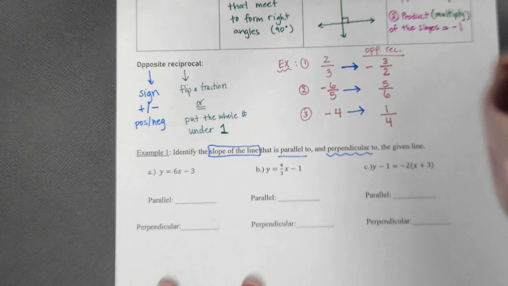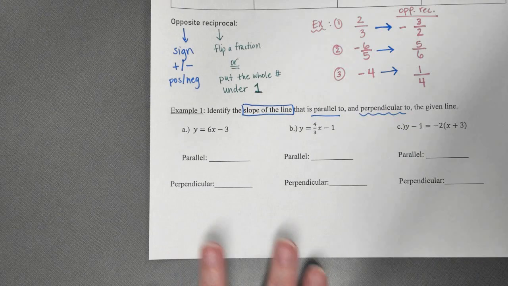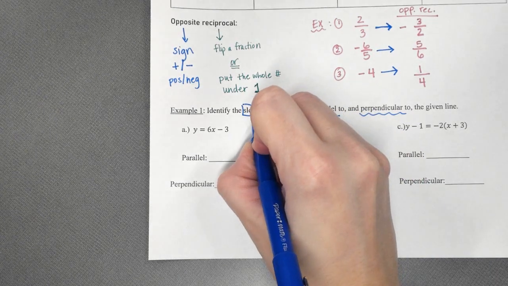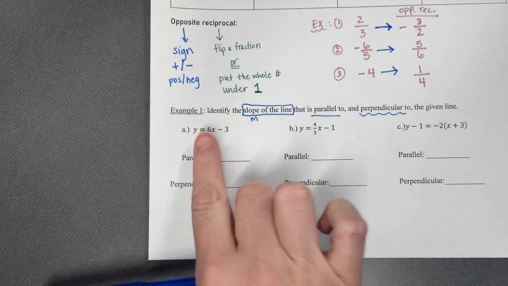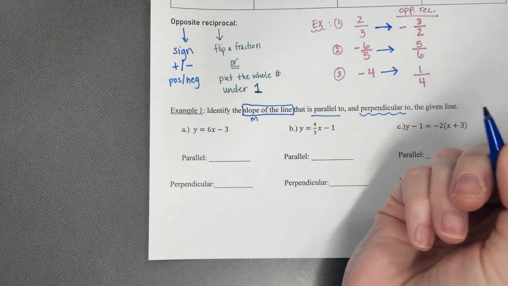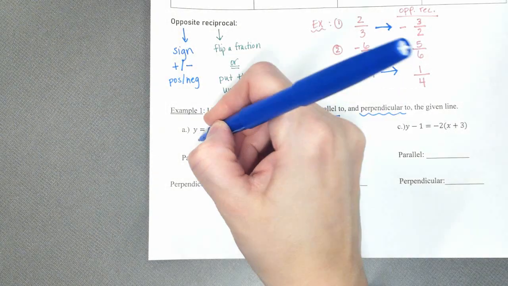We've done this before where you had to pick out the slope. Remember, the slope is just what letter? M. Yep. What I want you to do right now is write what your M is, or you could even just underline it for A, B, and C.